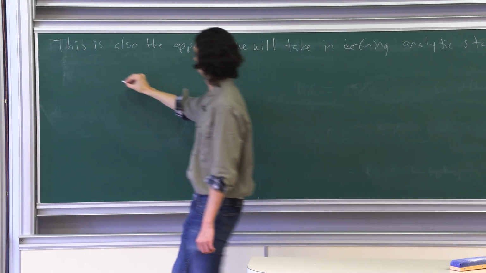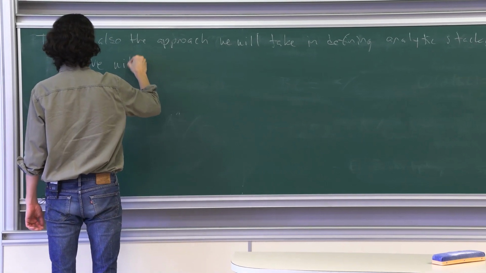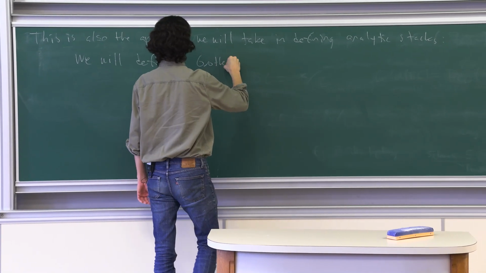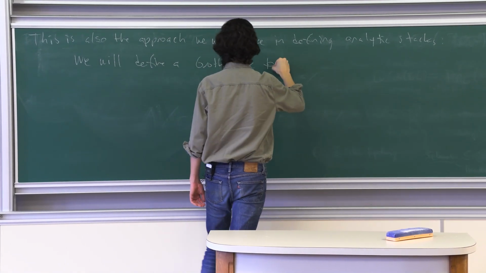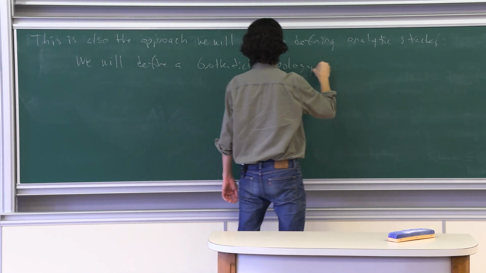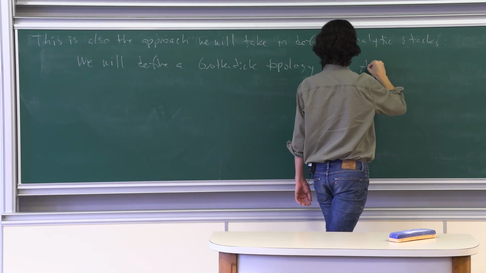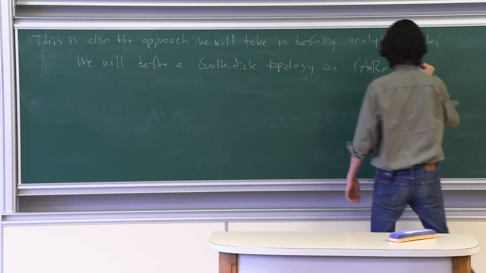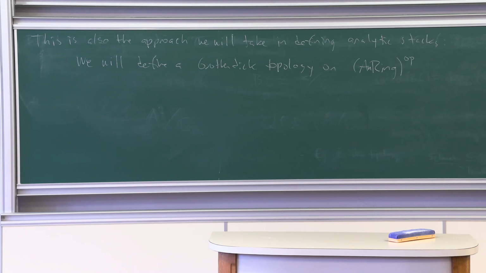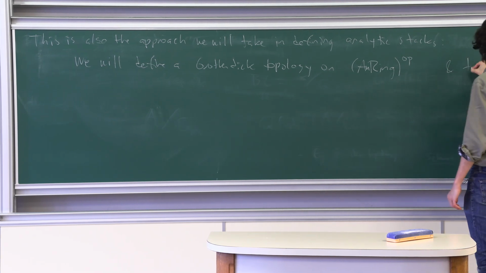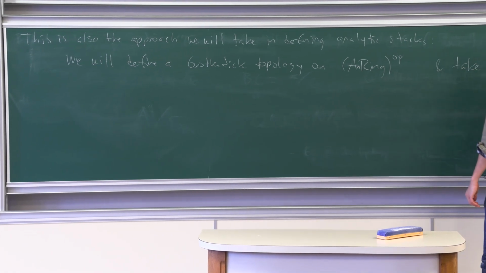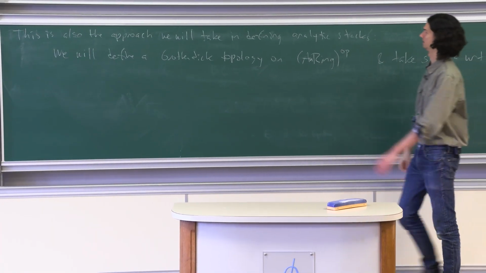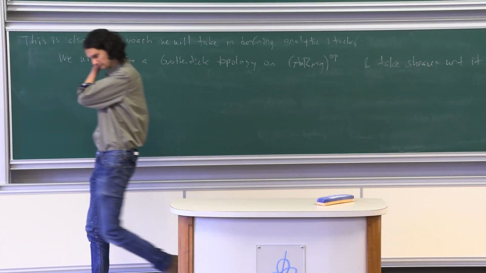We will define a Grothendieck topology on affine analytic stacks, which is just the opposite category to analytic rings, and take sheaves with respect to it. Again, modulo set theory.